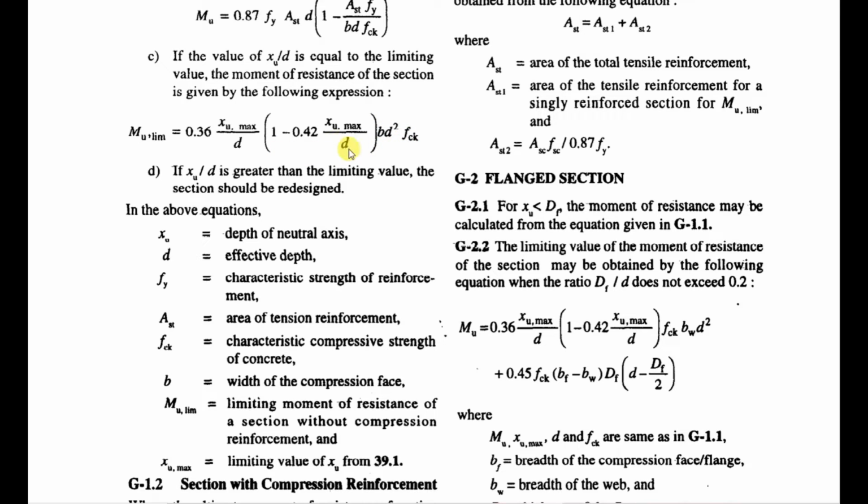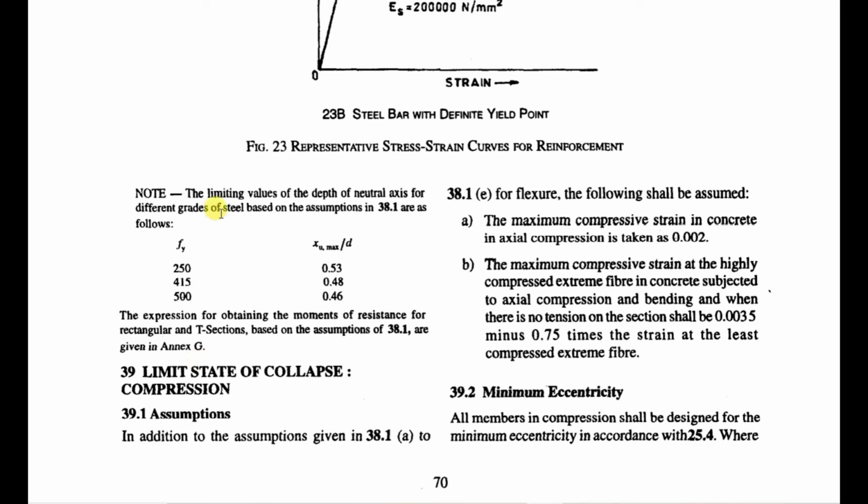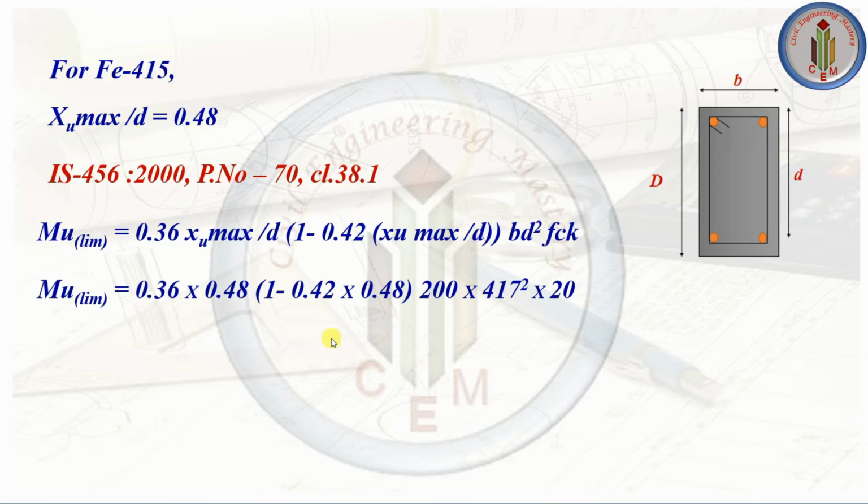So xu max by d value we have to get from page number 70. Here on page number 70, there is a limiting value of depth of neutral axis for different grades of steel based on the assumptions. So that is given here. For Fe 415 grade steel, we have xu max by d value as 0.48. So from this formula we can find out the Mu limit value.